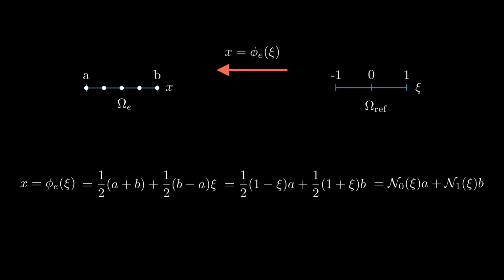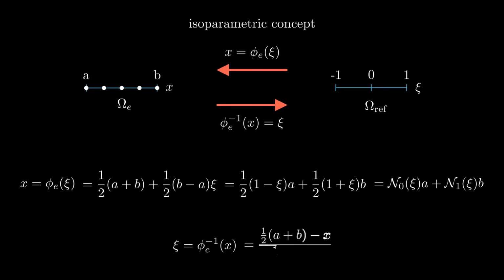This way of defining the mapping phi e of xi is called the isoparametric concept. Theoretically, one could define the mapping phi e of xi using other shape functions, but this is never done in practice. Finally, we can also define the inverse of phi e, which maps points from the x-coordinate to points on the xi-coordinate.